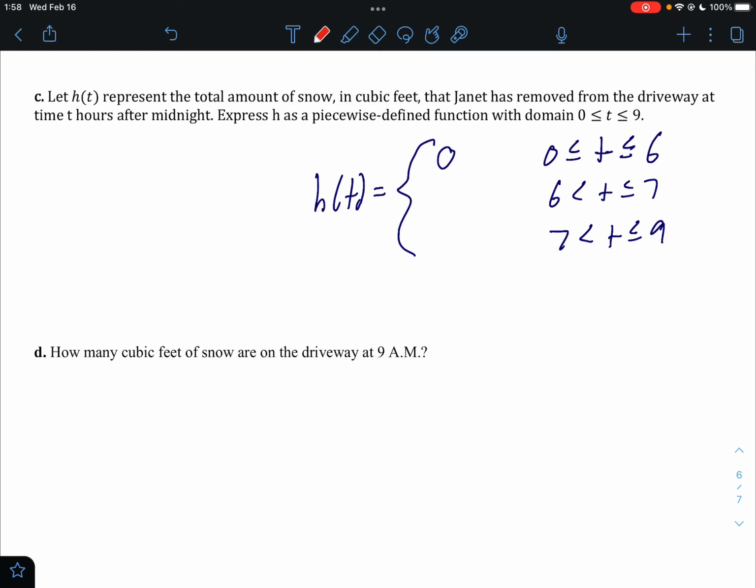if we have an accumulator function, H of t would equal H of 6 plus the accumulator from 6 to t of g of x dx. H of 6 would be 0, so it's just the integral from 6 to t of g of x dx.